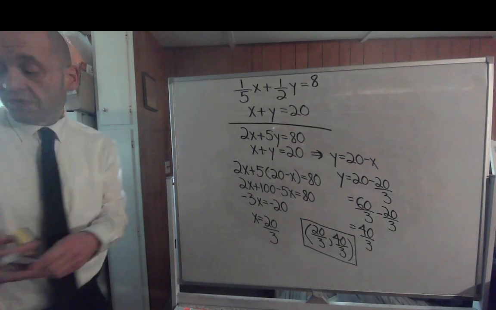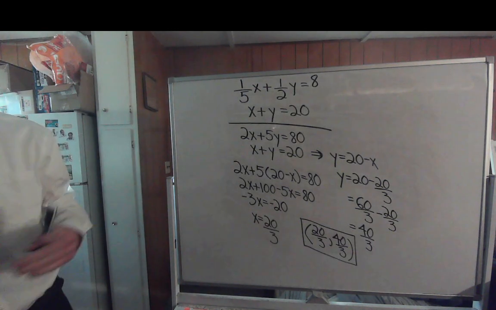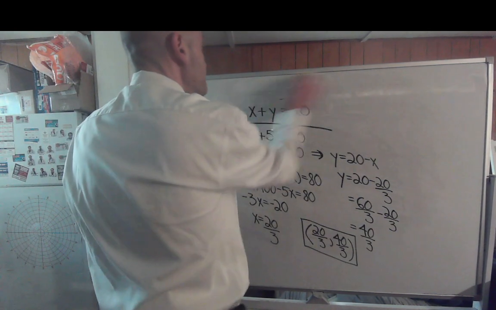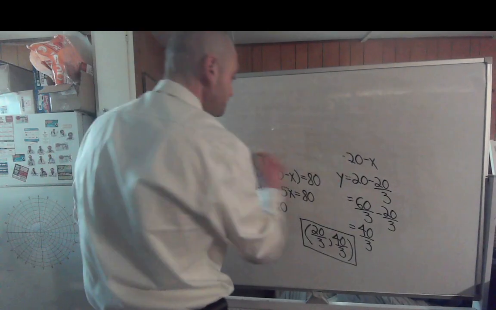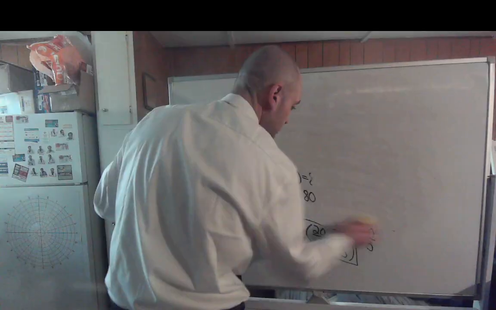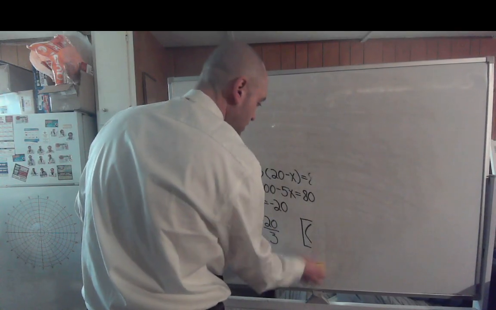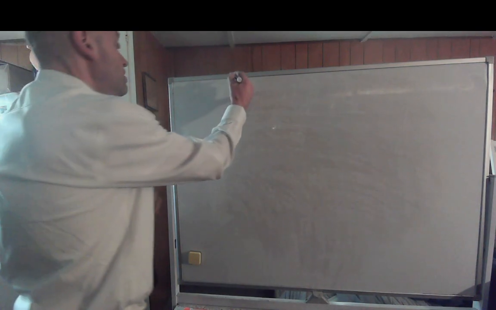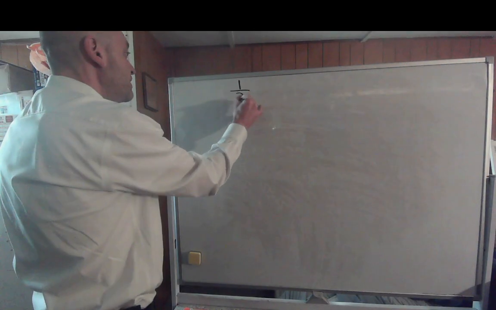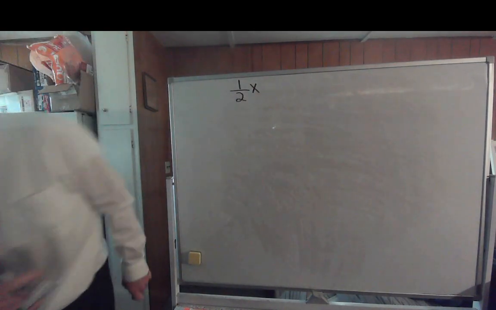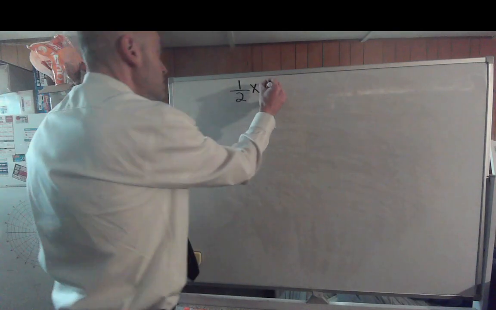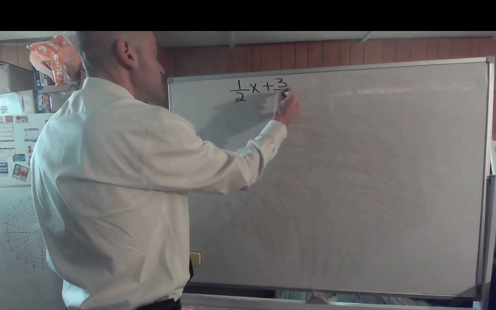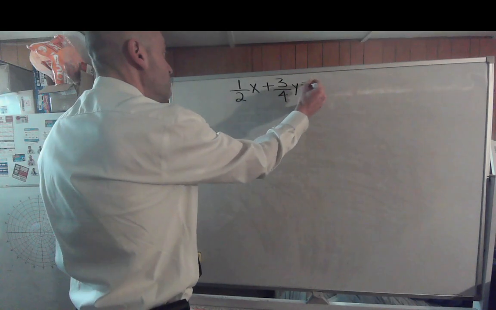I got one more fraction, then we're actually going to do some nonlinear ones. Alright, so we have 1/2 x plus 3/4 y equals 10.